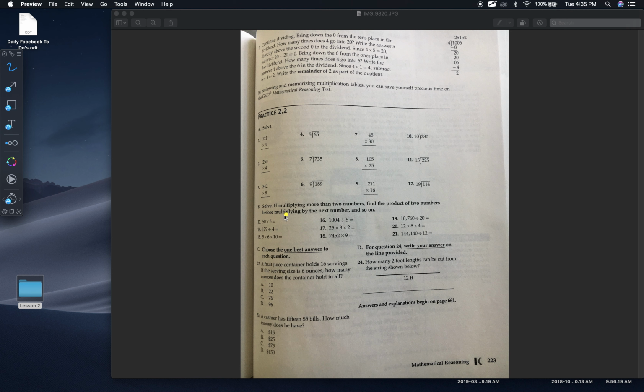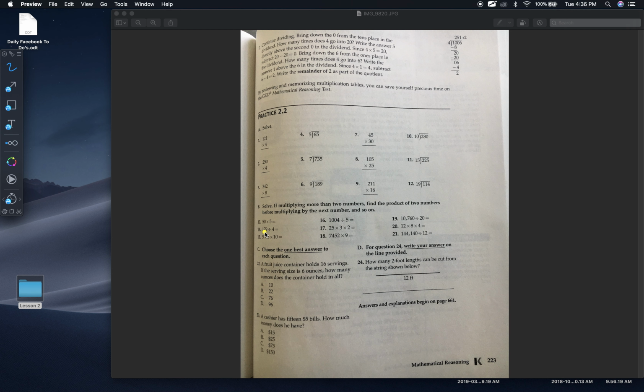So if multiplying more than two numbers, find the product of two numbers before multiplying by the next number, and so on. Okay, so what that means here, basically these you would all put in column form like this. So 50 times 5, you put the bigger number on top and 5 on the bottom.